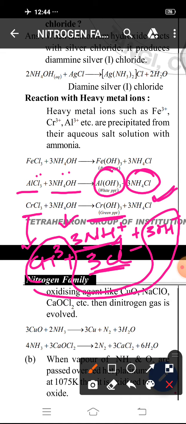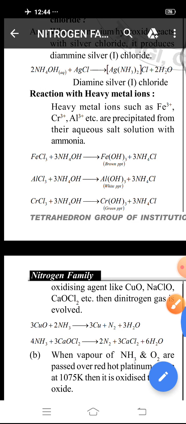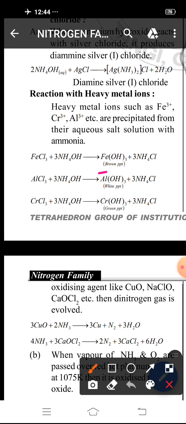So when heavy metal ions react with aqueous solution of ammonia, that means ammonium hydroxide, they form precipitates: Fe(OH)3, a brown precipitate, Al(OH)3, a white precipitate, and Cr(OH)3, a green precipitate, are formed.